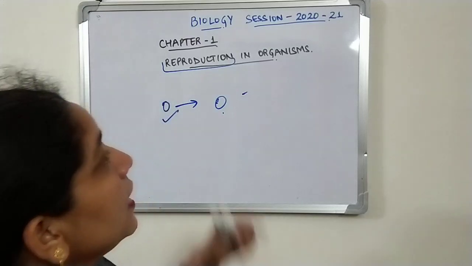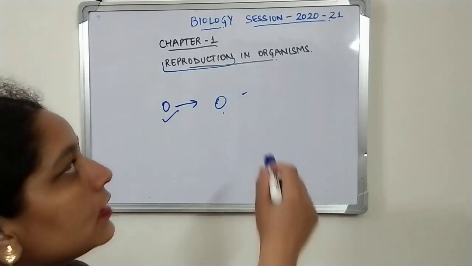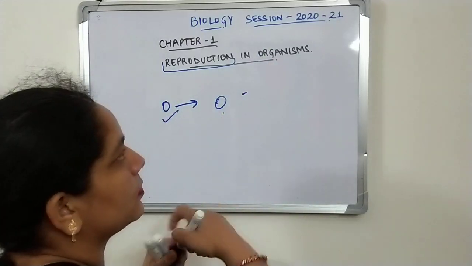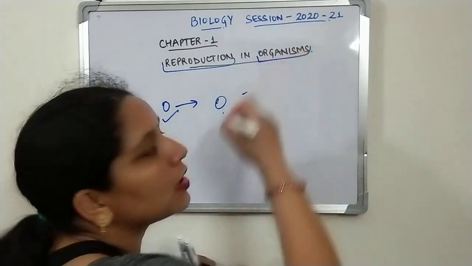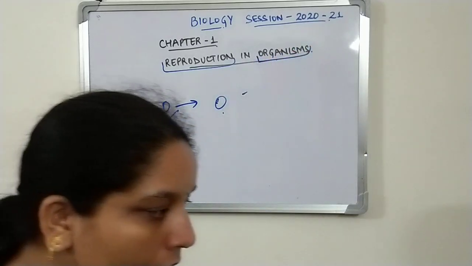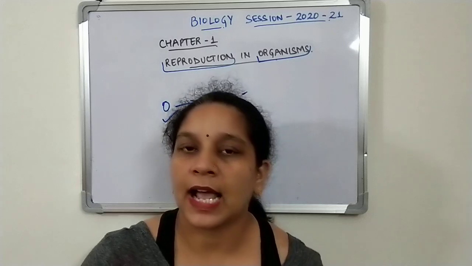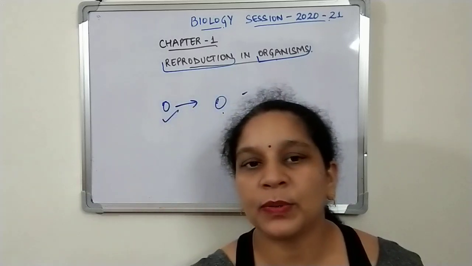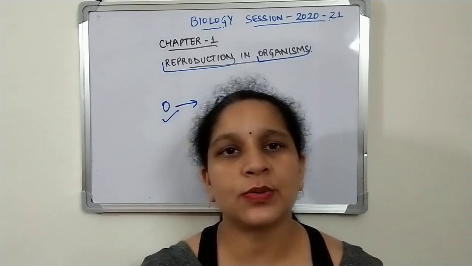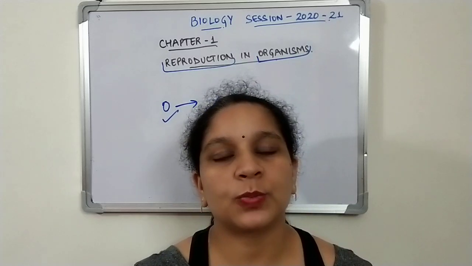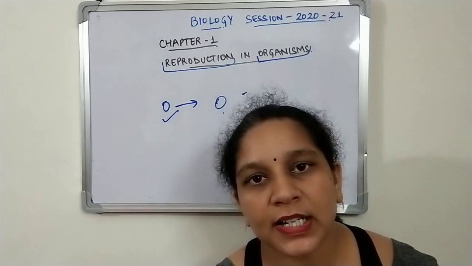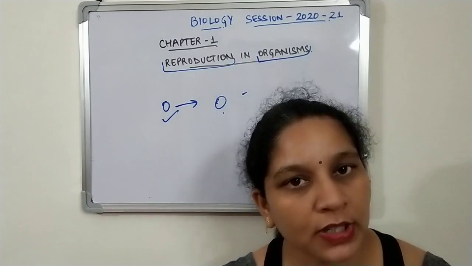Now the second term used in the topic is organism. So what do you mean by organism? Organism means any living being which is capable of performing day-to-day life activities, which is able to continue its life.